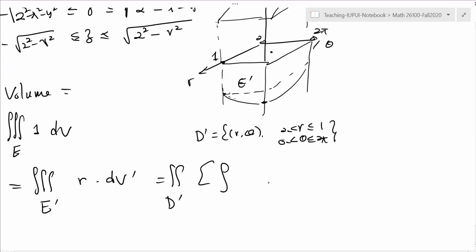Z is between 2 and R, with dz and dA prime, and dA prime is dr d theta.